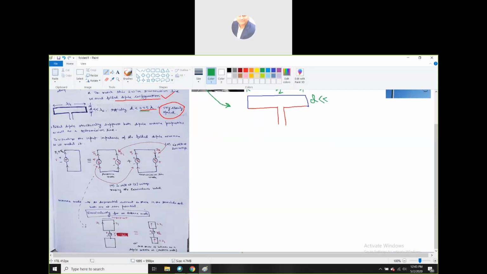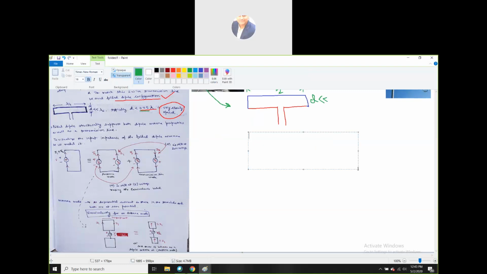So, the folded dipole structural supports. The main thing is that whenever you are using the folded dipole antenna, it supports both properties. It has the antenna property, plus it also has the transmission line property.